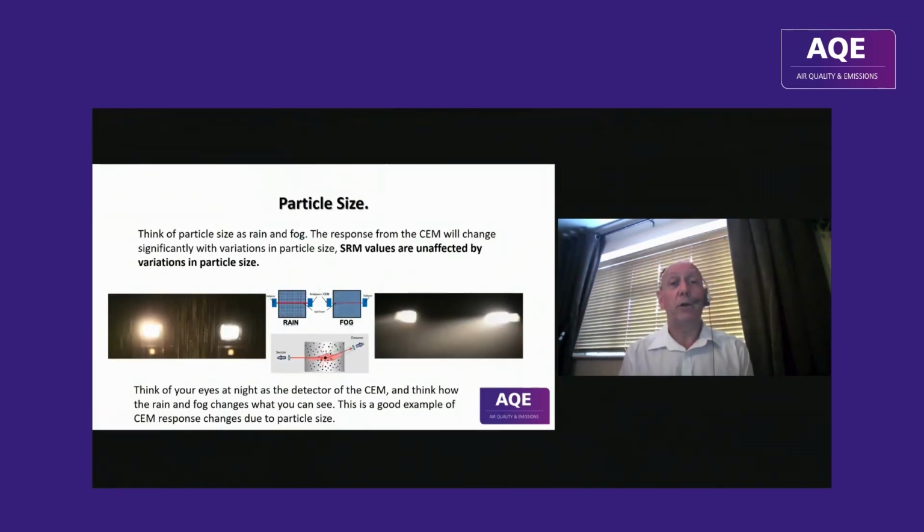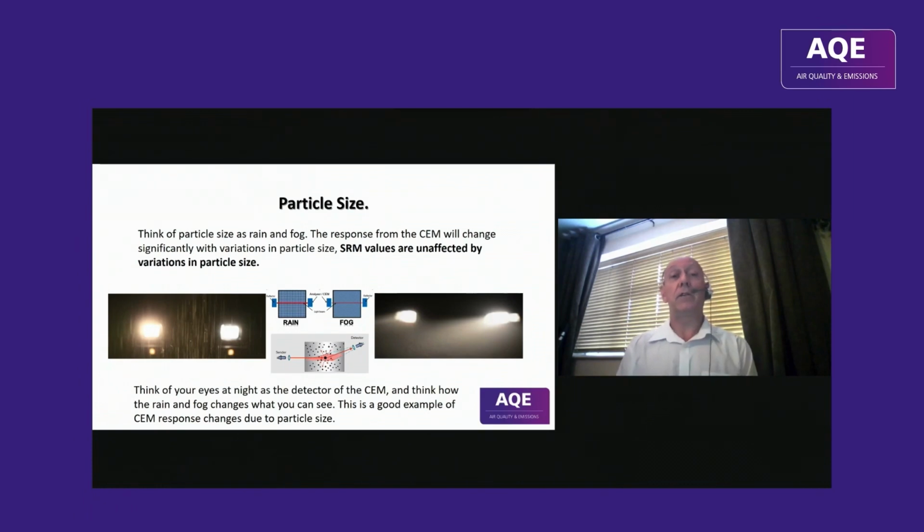So just expanding on particle size, think of particle size as rain and fog, just an analogy from when everyone typically drives a car. Without question, the response from the continuous emission monitor will change significantly when variations in particle size are experienced. Again, just to confirm, standard reference method values are unaffected by variations in particle size.